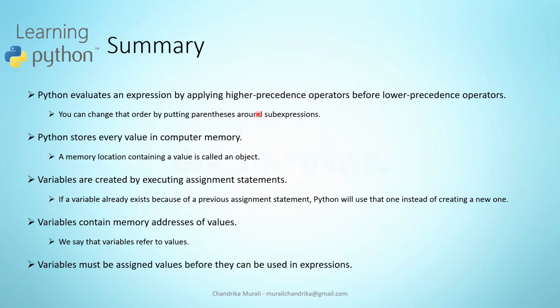This order of the operators while evaluating the expression can be changed by using parentheses. Then Python stores every value in computer memory, and every variable points to a particular memory location where the value is stored. Variables are created by executing assignment statements, with the value on the right side of the assignment operator.